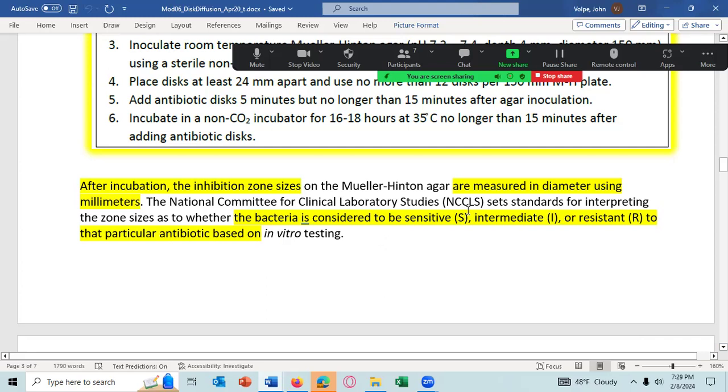They set the standards for interpreting the size of the zone of inhibition, whether the bacteria is considered to be sensitive to that antibiotic or resistant to that antibiotic or in between, and that's called intermediate to the antibiotic.